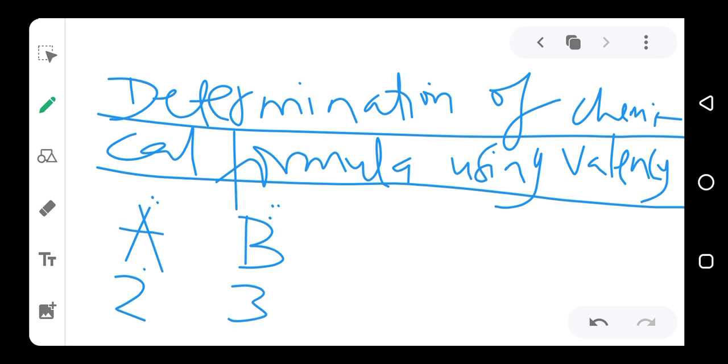And that valency is all we need during chemical combination. So for us to determine the formula of a compound, if we know the valencies, we can use them to get it. During chemical combination or chemical reactions, the atoms exchange their valencies.